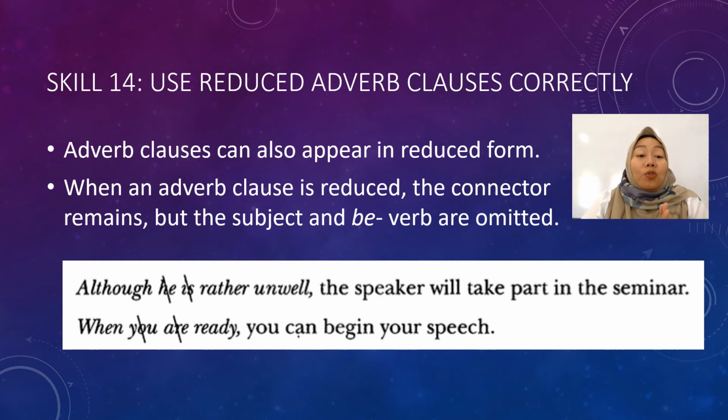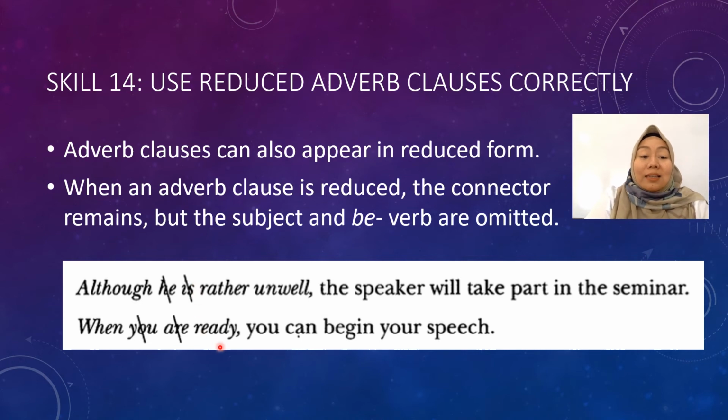Here, although he is rather unwell, the speaker will take part in the seminar. Okay, we have the adverb clause, although he is rather unwell. To reduce this form, what you have to do is to omit the subject and also the be verb.